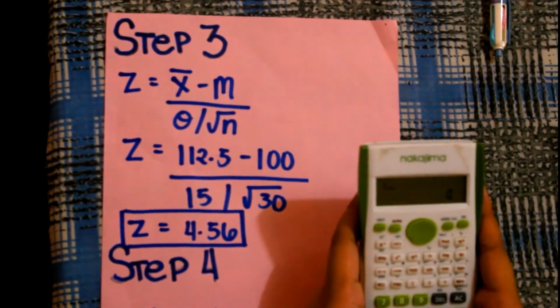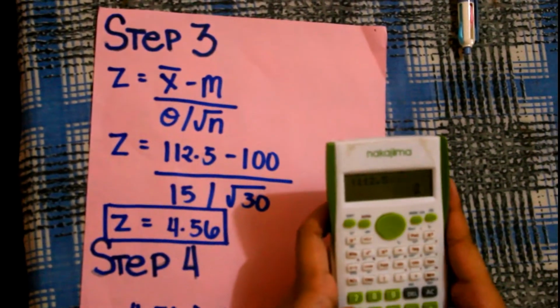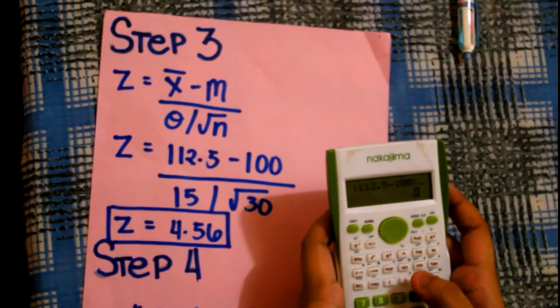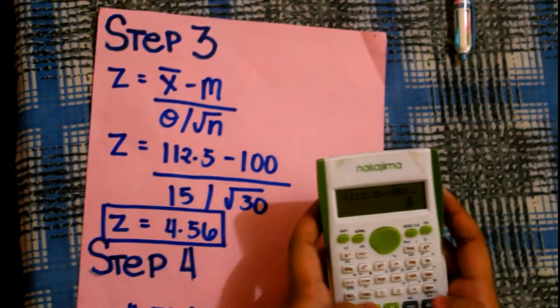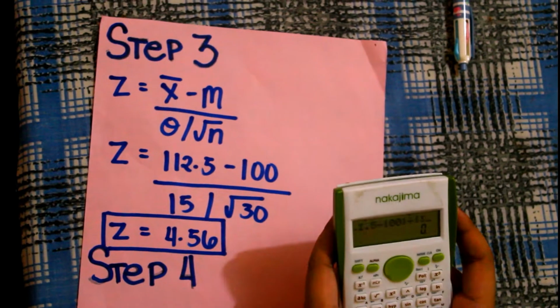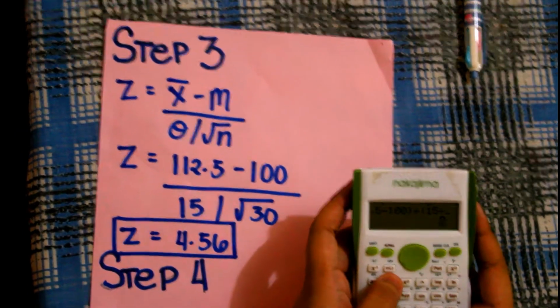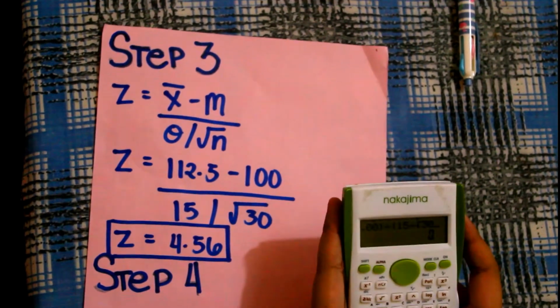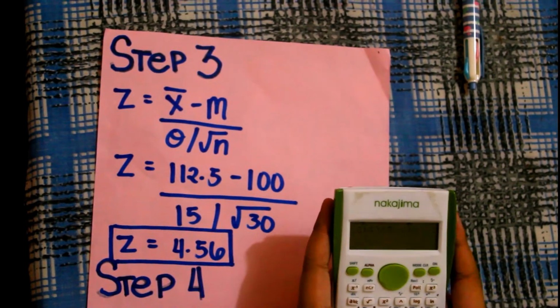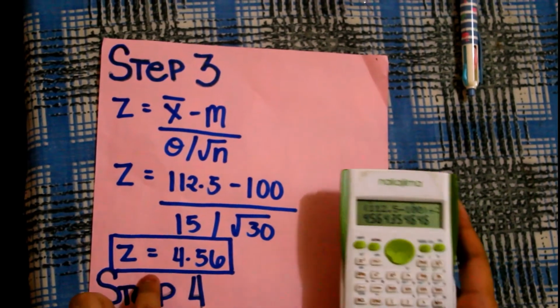Open parentheses, type 112.5 minus 100, close parentheses, divided by, open parentheses ulit, 15 divided by the square root of 30, then close parentheses, tsaka tayo mag-equals. So, ang sagot is 4.56.